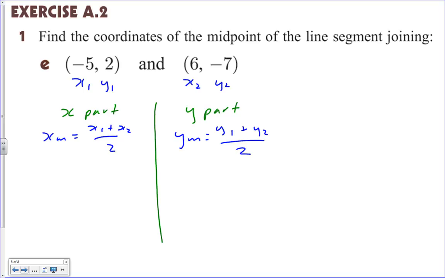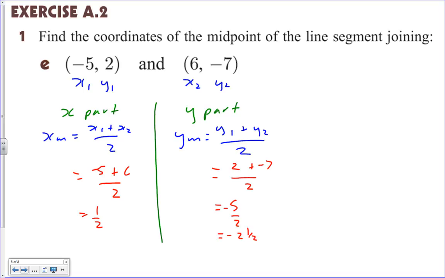Just do my x part first. So it's going to be negative 5 plus 6 over 2. That's going to be a half. My y midpoint is going to be 2 plus negative 7 over 2. So 2 take 7 is going to be negative 5 over 2, which is negative 2 and a half.